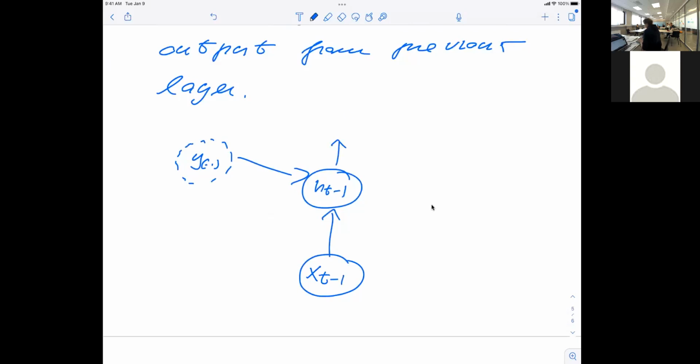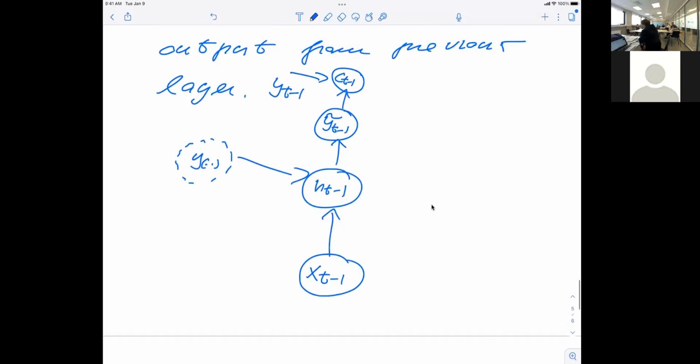And then you produce a new output, y of t-1 tilde. This is then fed into a cost function, c of t-1. And that receives also the observation which we have, or the target, which is also another name for it.